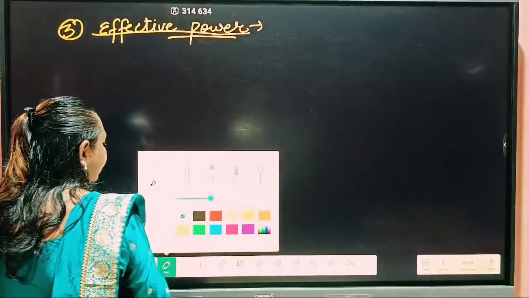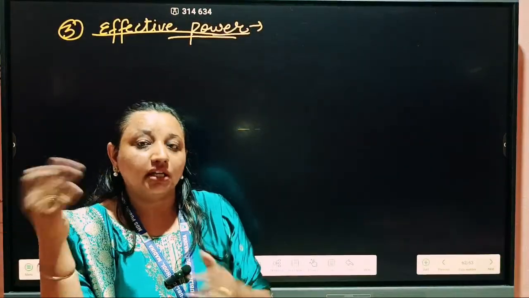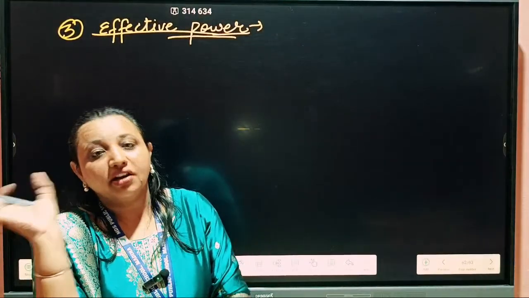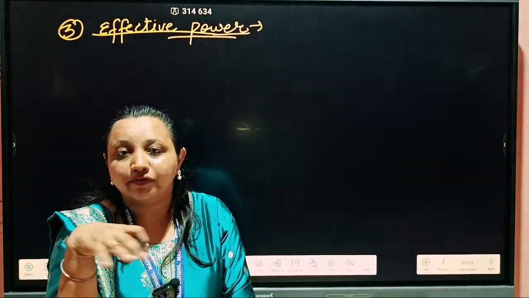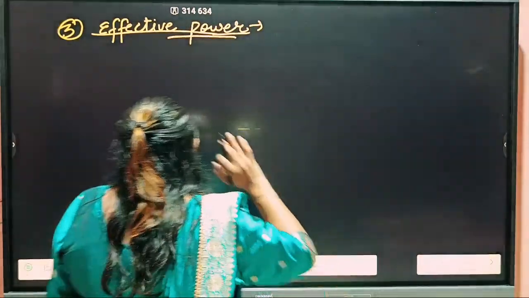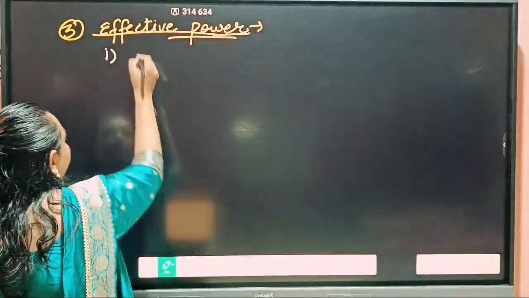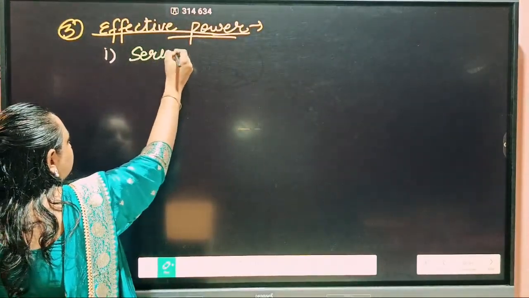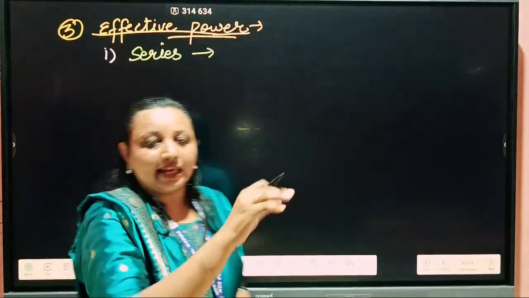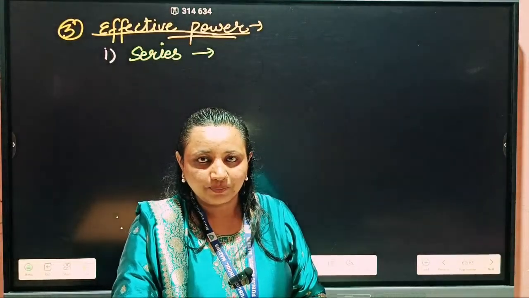So effective power is a net power. अब तक तो हम इंडिविजुअल पावर फाइंड आउट कर रहे थे, कंज्यूम्ड पावर फाइंड आउट कर रहे थे ऑफ इंडिविजुअल इलेक्ट्रिकल अप्लायंसेस, but effective power is the net power of the whole combination, whether it is series or parallel. So what you have remembered, in case of series combination, as we know, in series combination, power is inversely proportional to the resistance, right?